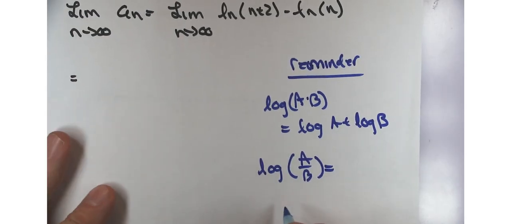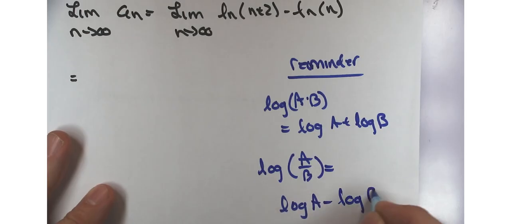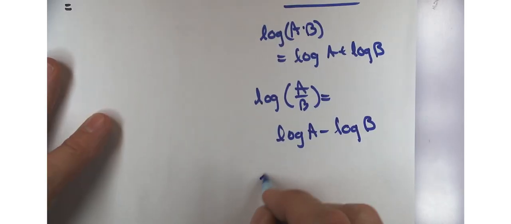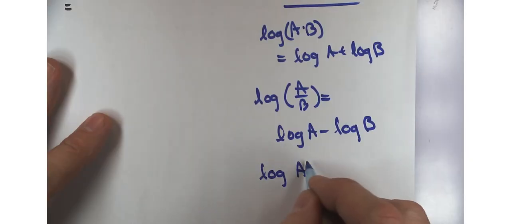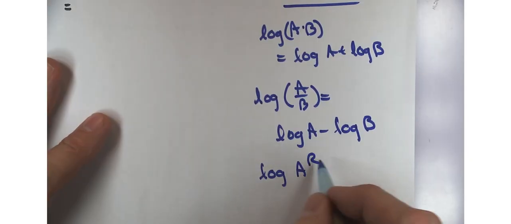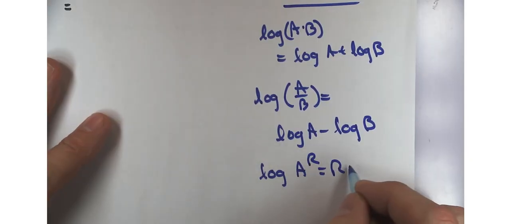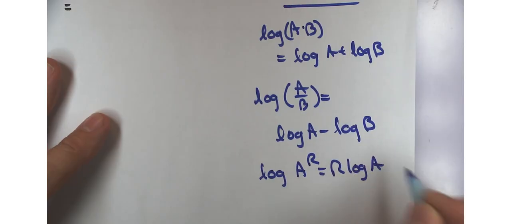Log of A minus log of B. And not that we need it, but for the sake of completeness, log of A to the R power: that R comes out in front. R log of A. So those are some reminders.